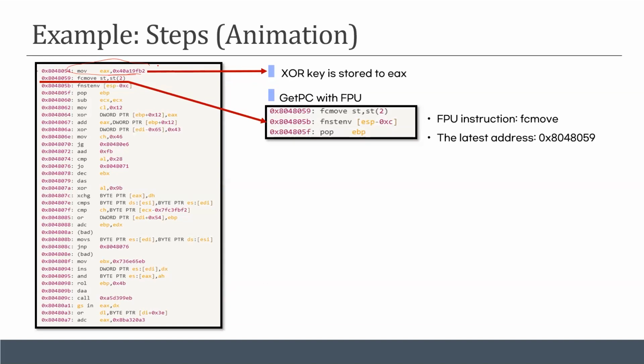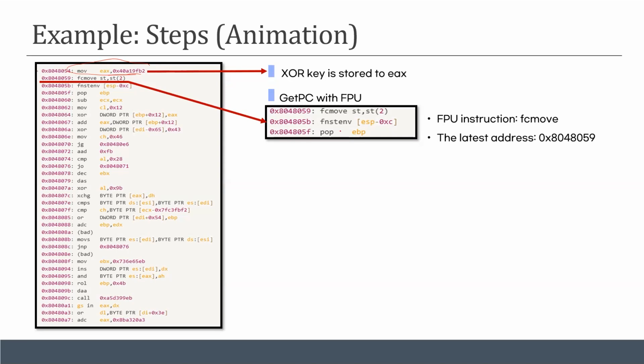Now it actually retrieves the program counter, which is get PC with the FPU. So here FPU represents a floating point unit. So something like that. You can explain what the acronym is for. And here the following instruction regarding FPU is FC move, right?